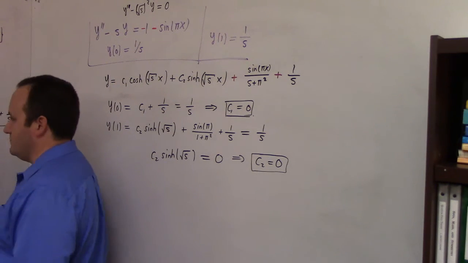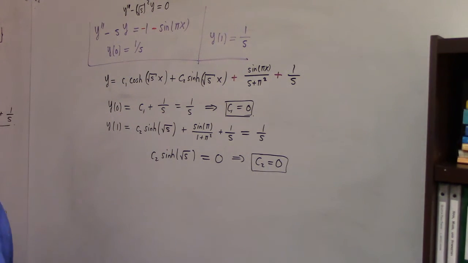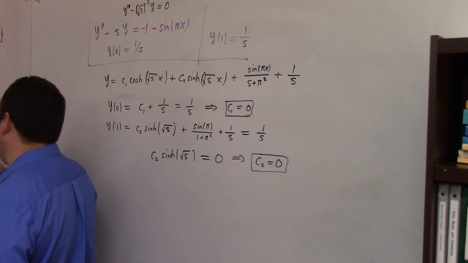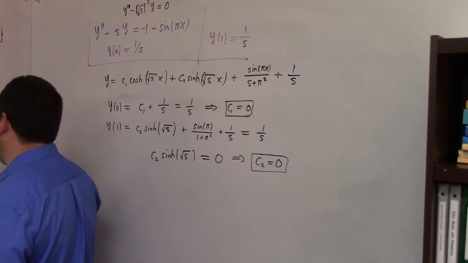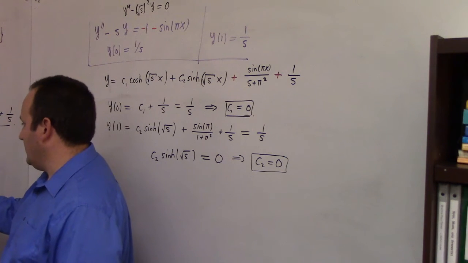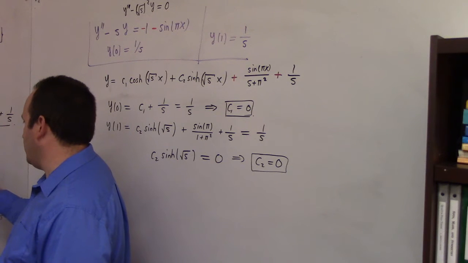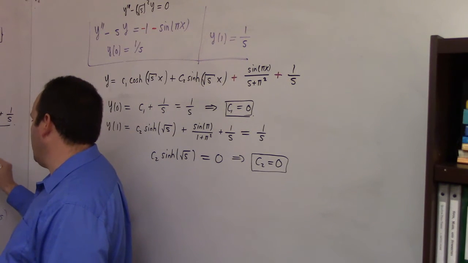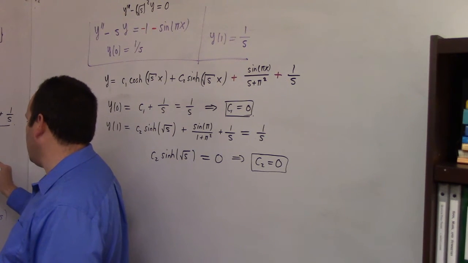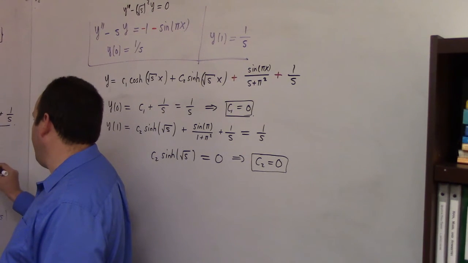And then we can find u of x, t. We took the Laplace transform to get over to this frequency domain, and now we take the inverse Laplace transform with respect to t to get back. So u of x, t equals the inverse Laplace transform of sine pi x over s squared plus 1 plus 1 over s.